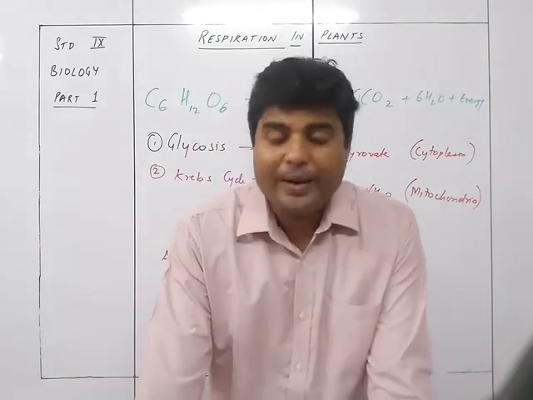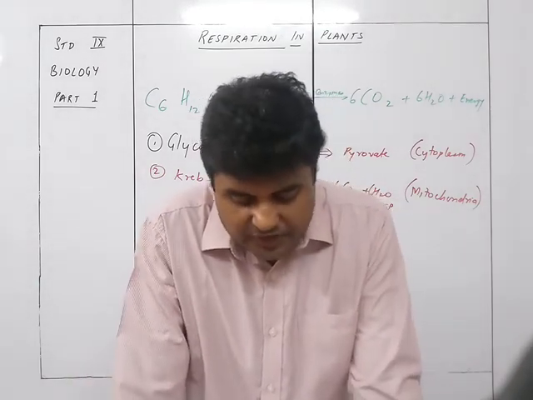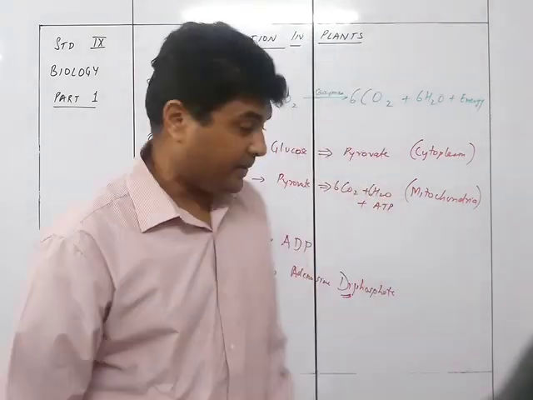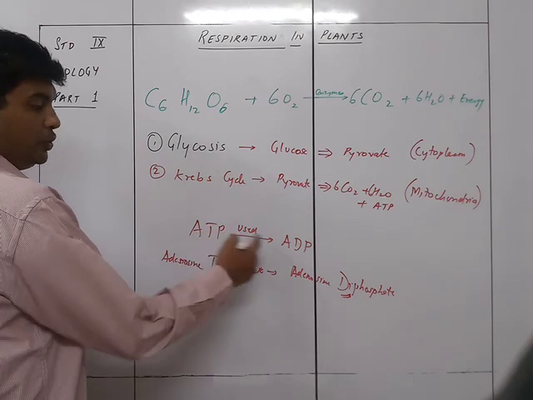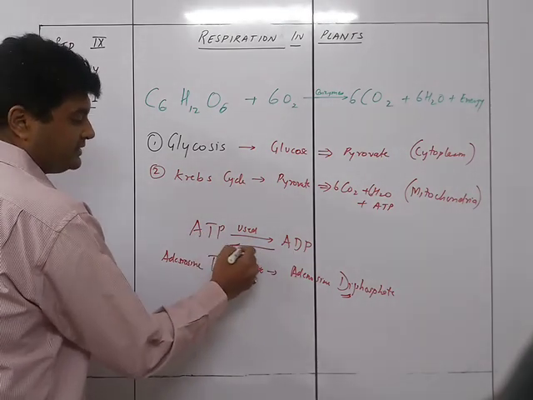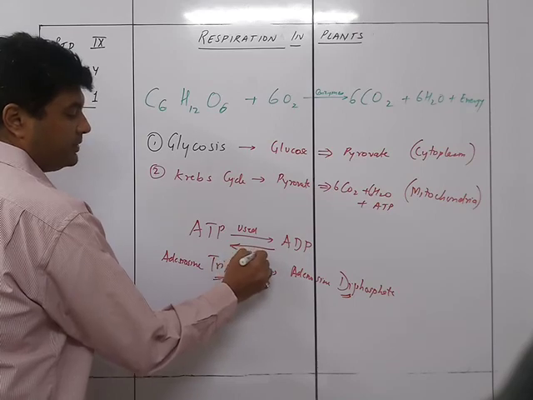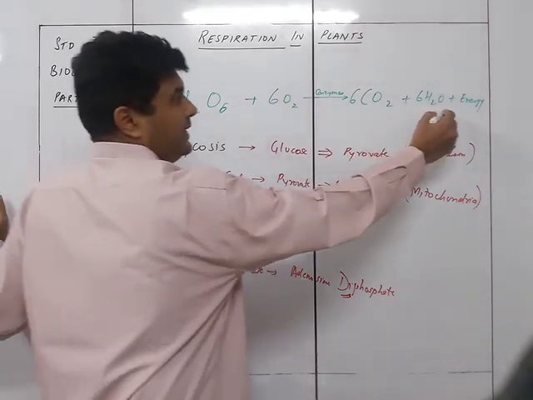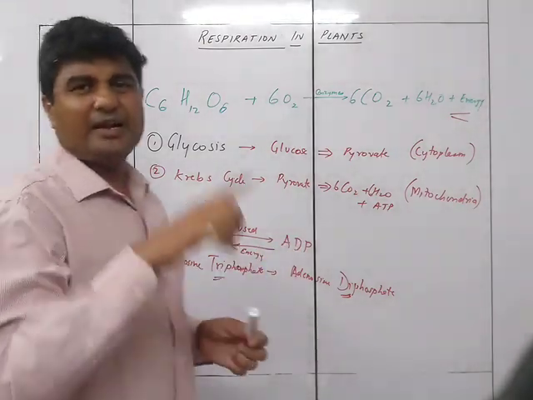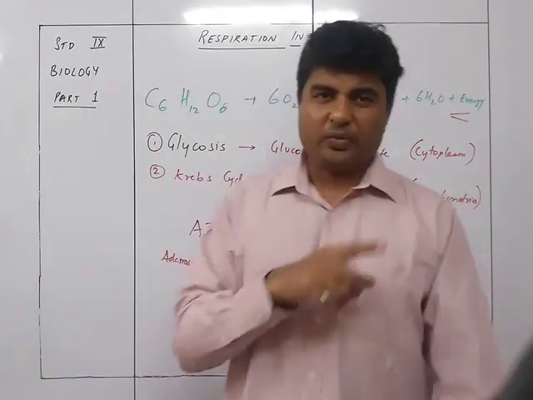And again, when more energy is available for further breakdown of glucose, the ADP is reconverted into ATP. So if it is used, it becomes ADP, and ADP becomes ATP when there is more energy available. So this is a continuous cycle, ADP to ATP, ATP to ADP.